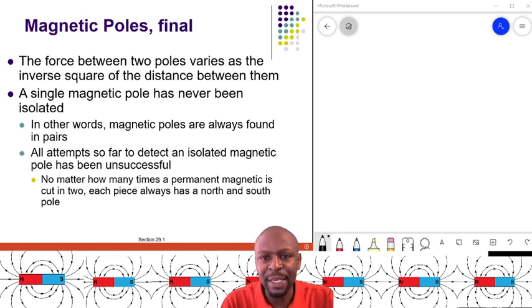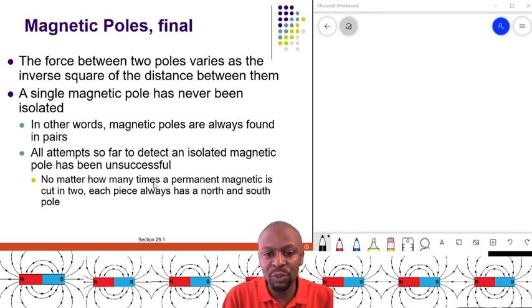A single magnetic pole has never been isolated. This sentence means that the monopole in terms of magnetism has not been discovered yet. For an example, you cannot have just a north pole or a south pole.